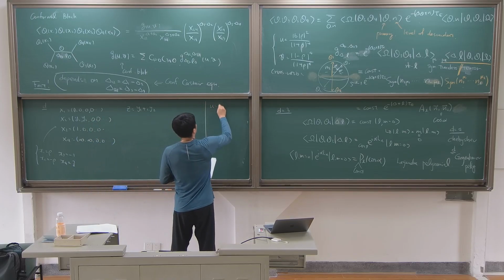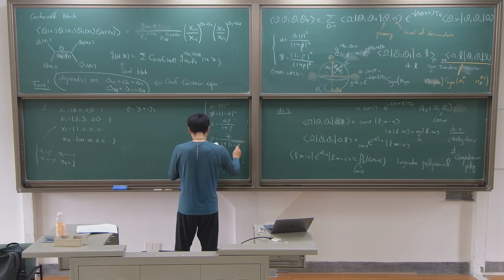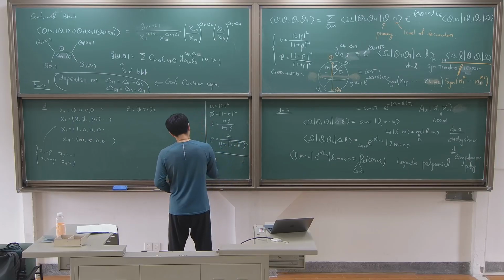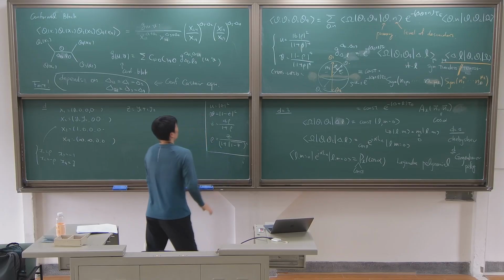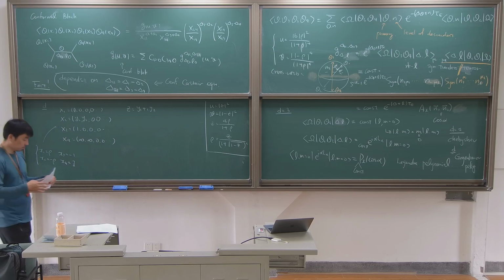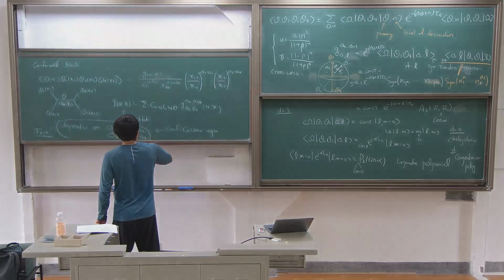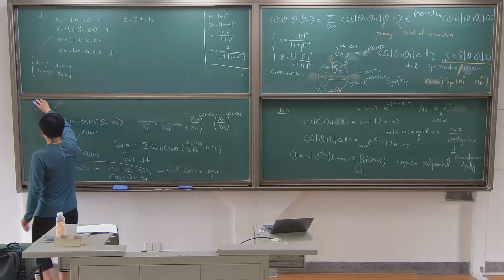Later, it will become important. u is z squared, v is equal to 1 minus z squared, and then z is equal to 4 rho. Okay, those are the relations between z and rho.